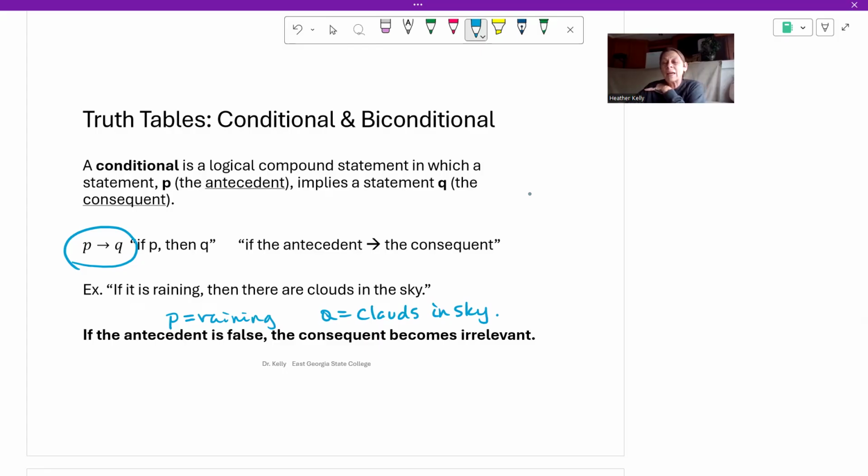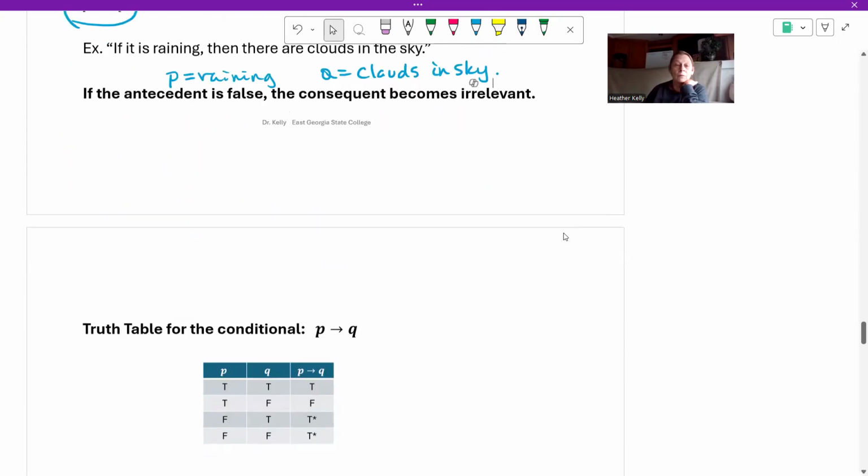Now, if the antecedent is false, if P is false in any way, it doesn't matter what the consequent is. It's completely irrelevant.